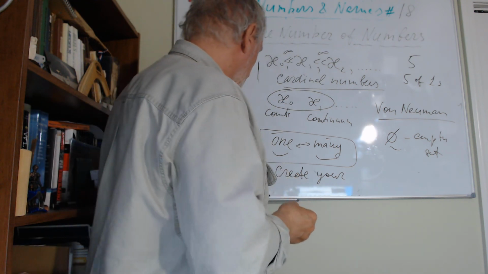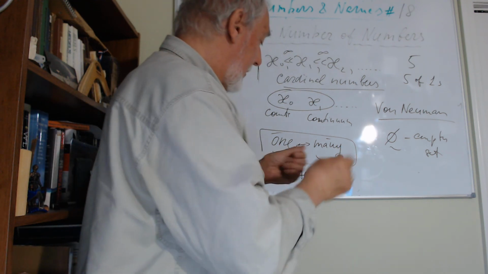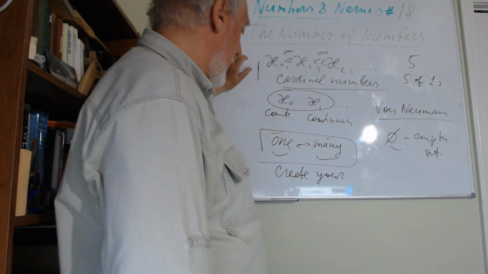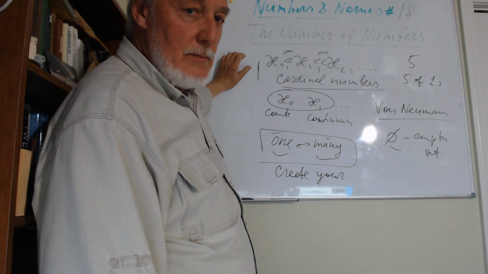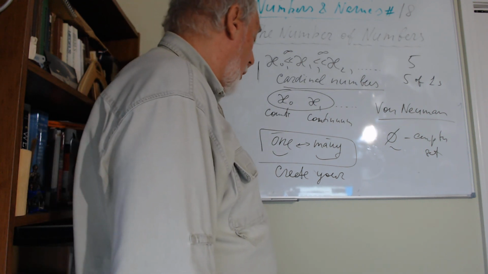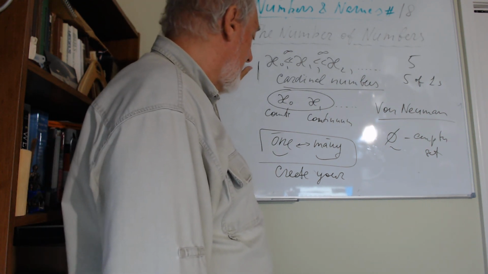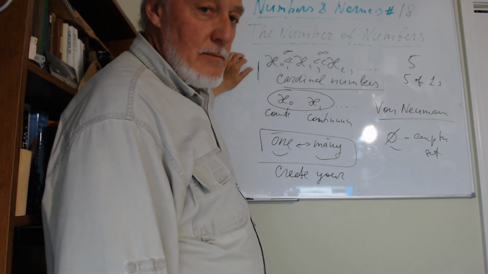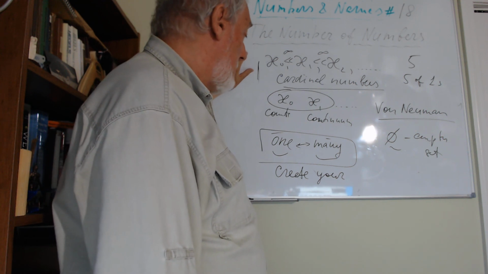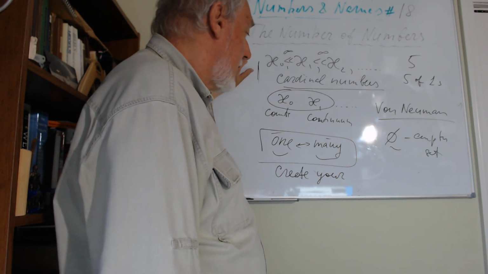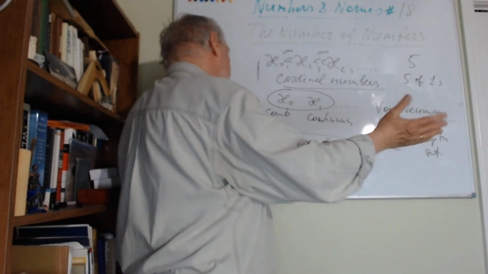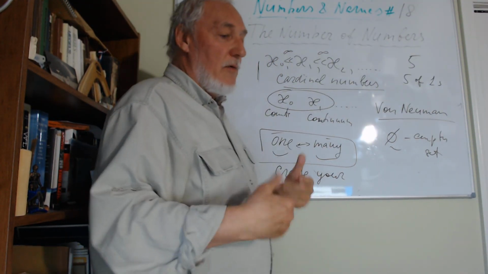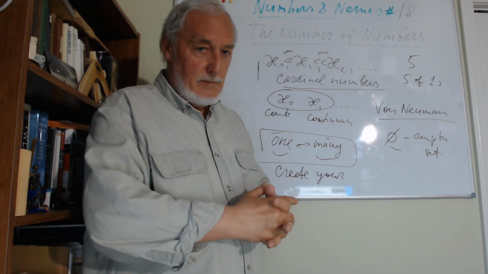I'm sorry, I still don't understand. What does it mean, one to many? You got that as an opposition, right? Many is opposite to one, and one is opposite to many. They are not the same. So just try to form your own paradox. Put the relation between one and many into the form of a paradox.